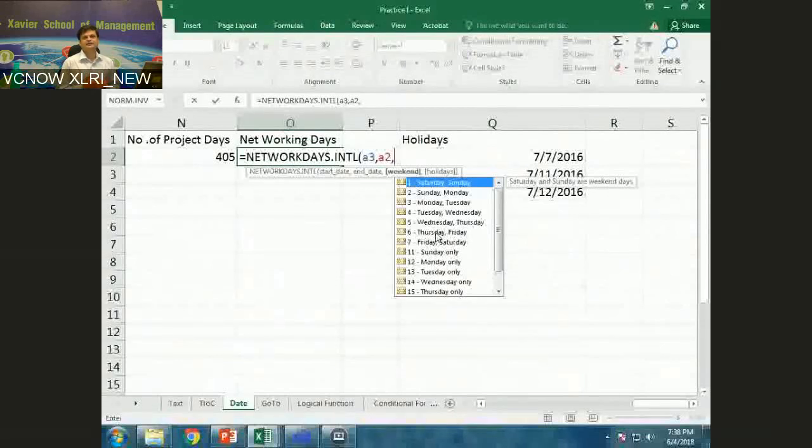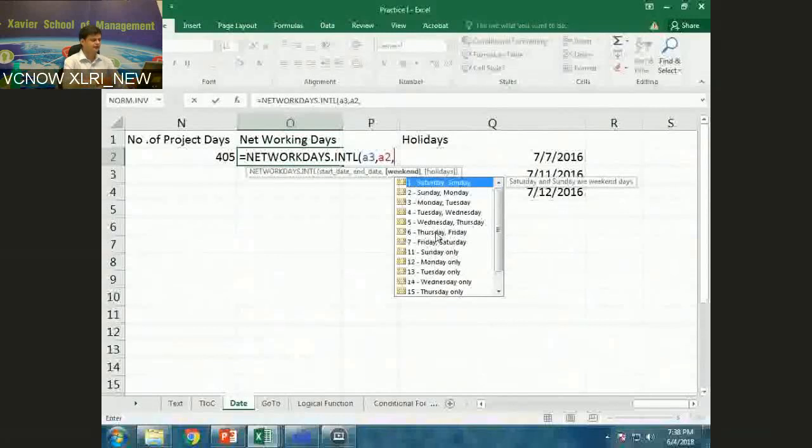I think it will always be Saturday, Sunday. It becomes a problem for other regions, particularly the Middle East, as I said. So that's the reason they introduced this INTL. Anyway, you won't have a problem, learning wise it doesn't suffer, but you need 2016 to use this INTL.